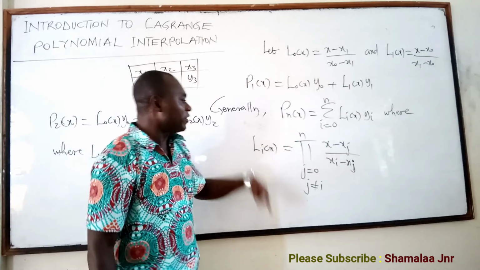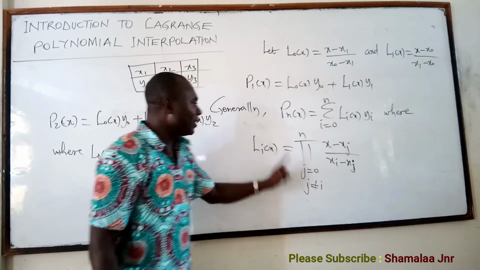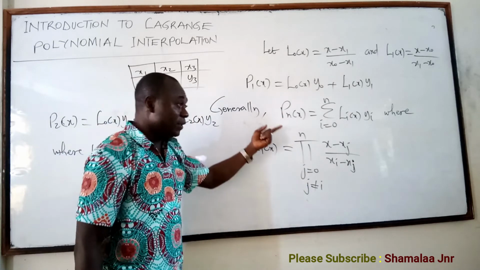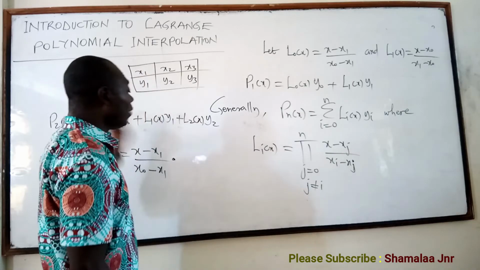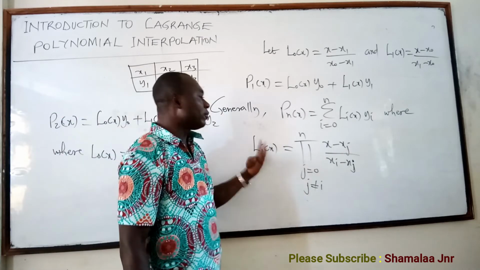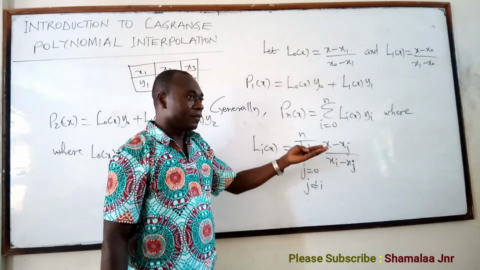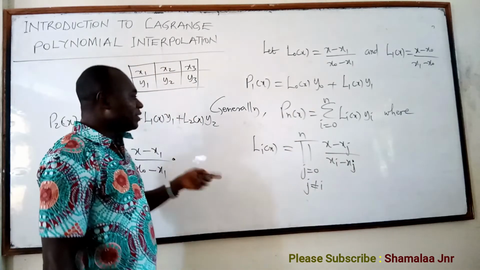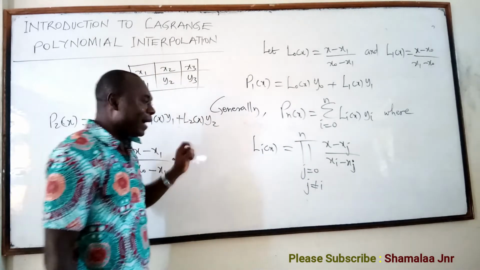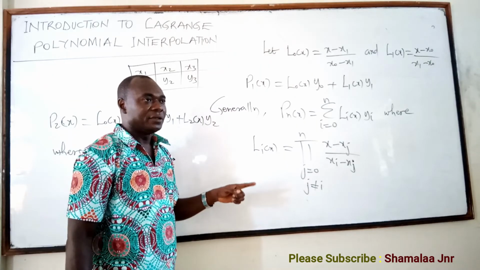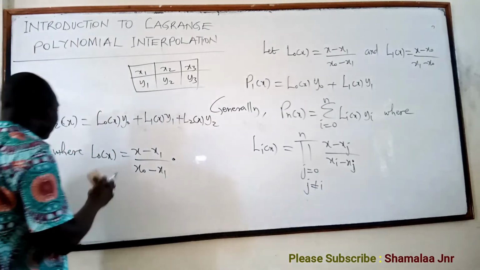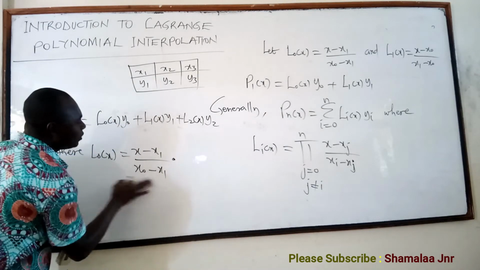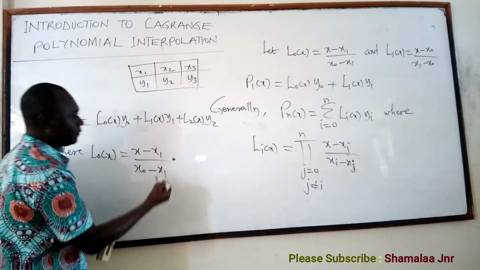Do you see it? So you have to take the product. The j should start from 0 until it gets to 2. If it's a polynomial of degree 1, then the j will start from 0 until it gets to 1. And j cannot take a value that i has already taken. So because it's a polynomial of degree 2, you cannot leave it this way. You have to get another factor.